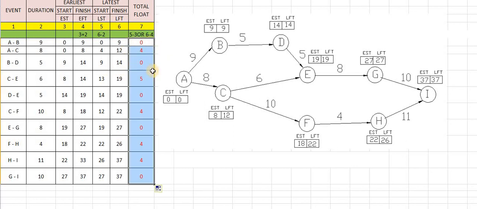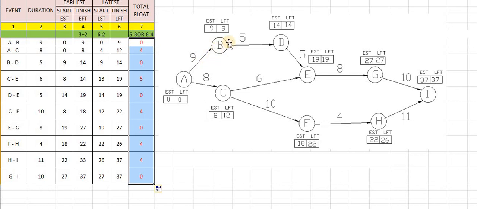Okay, again repeating what these values say, the 0s indicate the critical path. Again, how to identify the critical path? If the values of EST and LFT are the same, that means that path is the critical path. So we check A to B, yes, 0 0 9 9, so it is correct, it is a critical path.